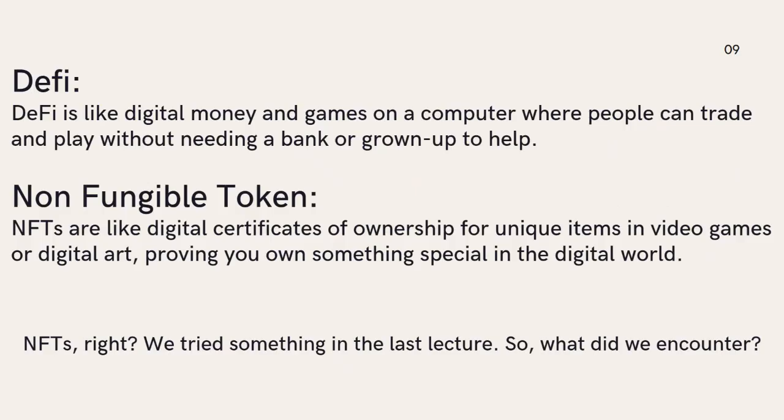So next, coming to the things which we discussed, it is DeFi and non-fungible tokens. DeFi, also known as decentralized finance or digital finance, is where money is hosted on smart contracts. Also, money is controlled or owned by the actual persons.